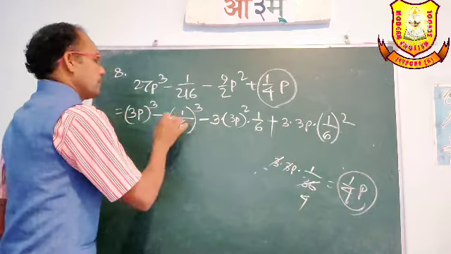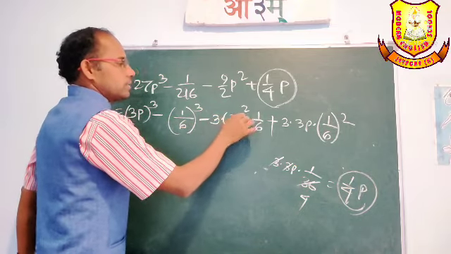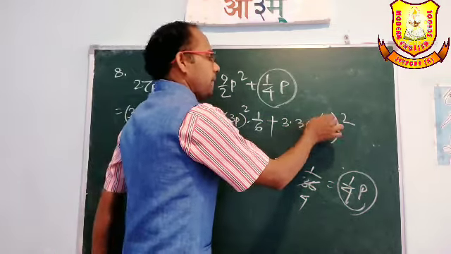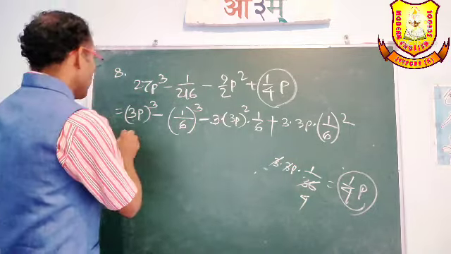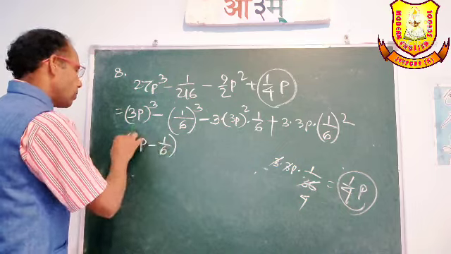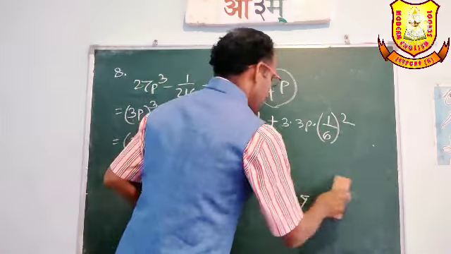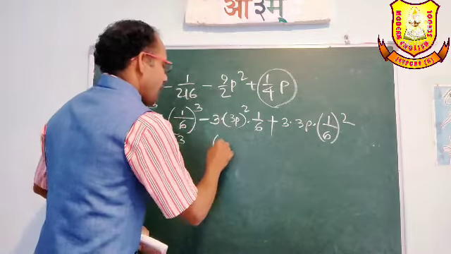So check: a cube minus b cube minus 3a square b plus 3ab square is equal to (a minus b) whole cube. Here you have to write the formula.